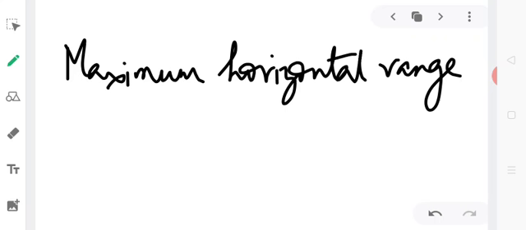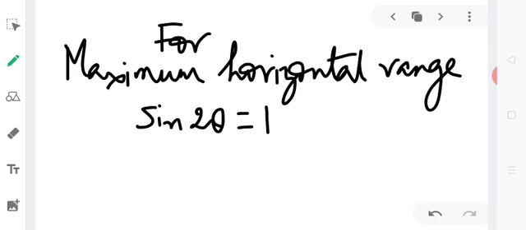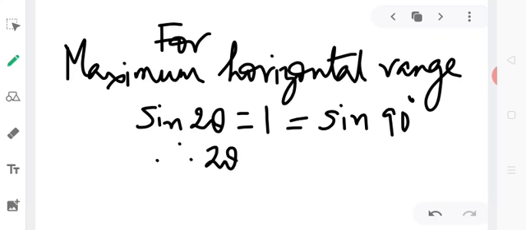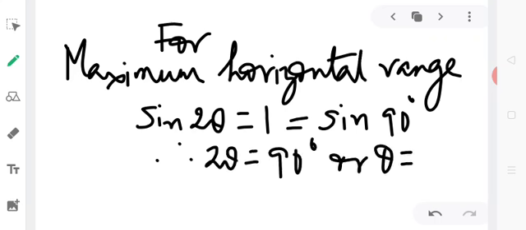Therefore, horizontal range r will be maximum if sine of 2 theta is equal to 1, and sine is 1 only when it is equal to sine of 90 degree. Therefore 2 theta is equal to 90 degree, or theta is equal to 45 degree. So hence range is maximum when theta is 45 degree.